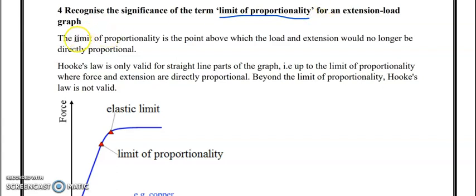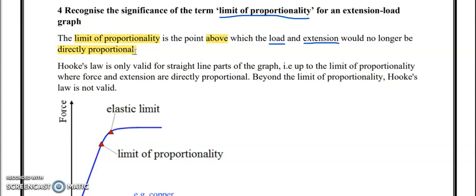The limit of proportionality is the point above which the load and extension would no longer be directly proportional. In other words, it is the point above which Hooke's law will not apply, because Hooke's law states that extension and load are directly proportional.